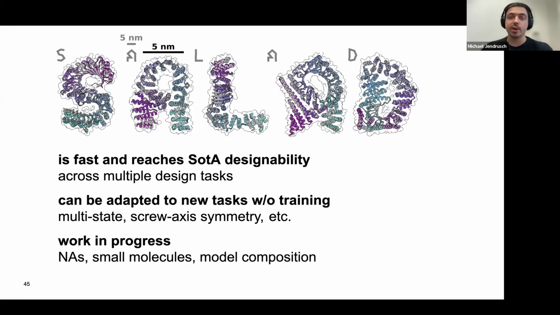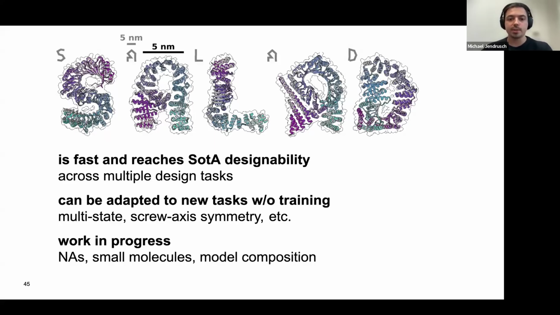It can be adapted to new tasks without retraining. So if you have a very niche, very specific type of protein design task, chances are you can use Salad and the FlexCraft library to write a pipeline which uses Salad to produce backbones and protein sequences for that task.